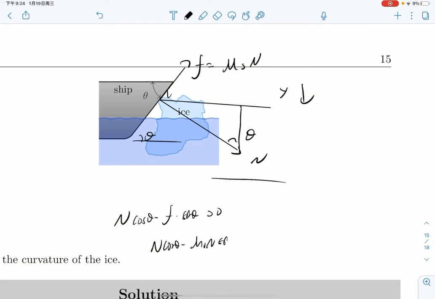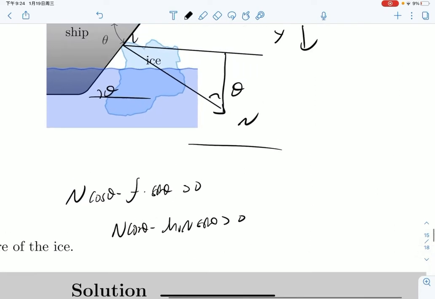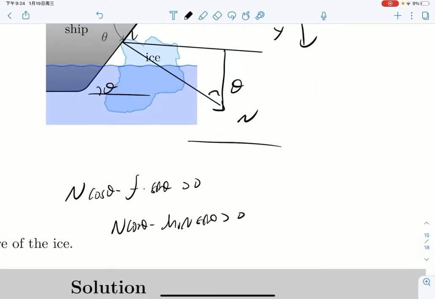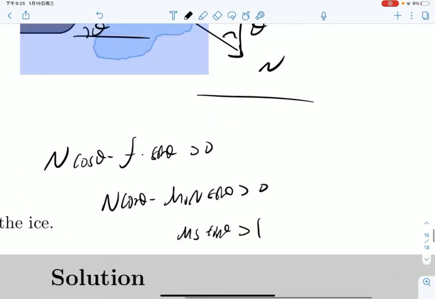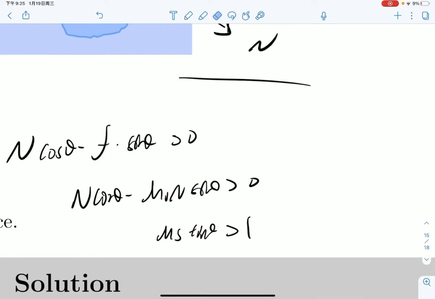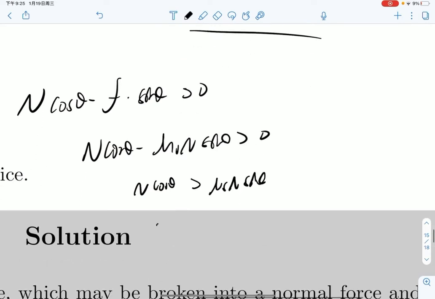And now you will have mu s tangent theta is greater than 1. Or wait, is that true? It's N cosine theta is greater than mu s N sine theta. And now you will have cotangent theta is greater than mu s, which is answer A.